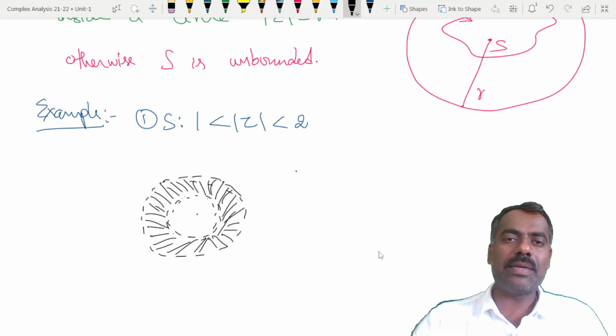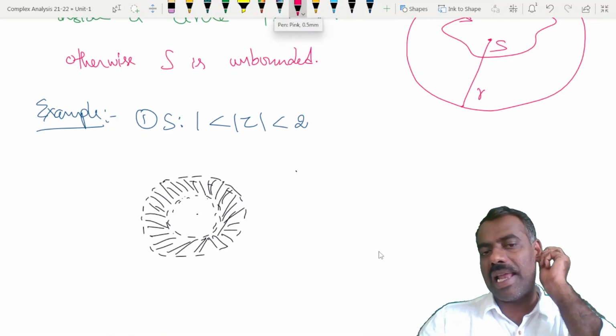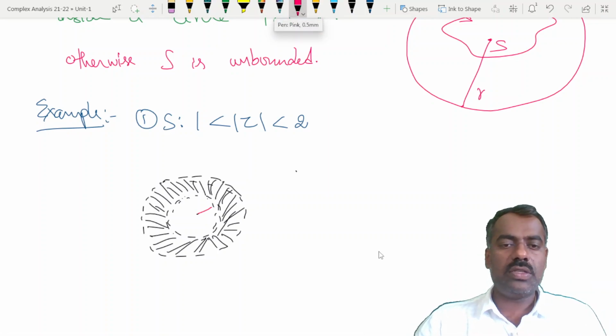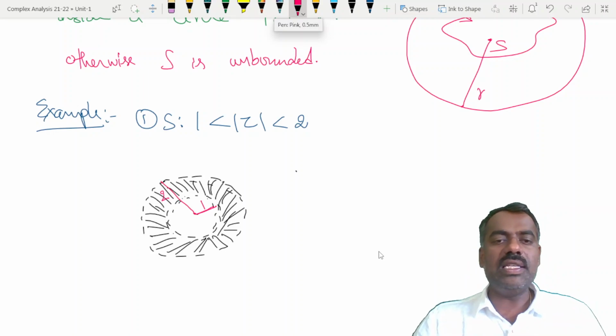That means, can you find some circle such that this S lies completely inside? This value is 1 and this value is 2. Can you give me some circle? Is it possible to give some circle where S lies inside that circle? That means every point of S is inside that circle.